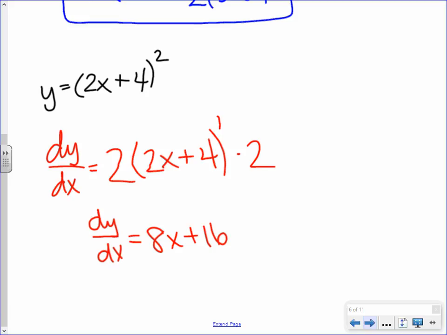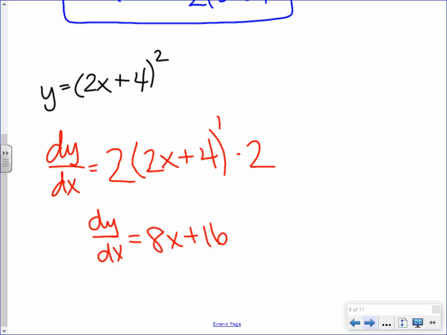Okay? Now, in this case where we have 2x plus 4, the quantity squared, it might be a wash which way is faster. But if I gave you like 2x plus 4 to the 4th power, okay, you don't want to sit there and multiply it out to do the power rule. Okay?